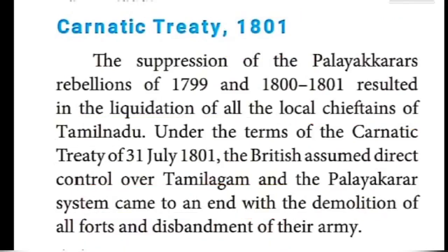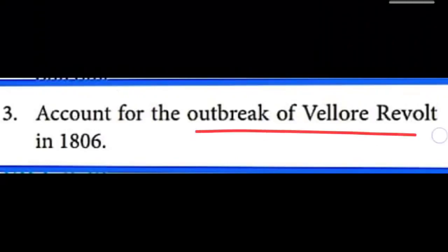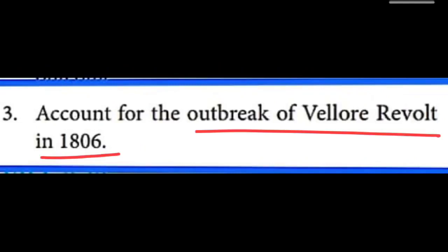Then the third question, children: account for the outbreak of the Vellore revolt. As per the guide, only 2 paras are given, and as per that only I am going to explain. In which year did the Vellore revolt break out? 1806.